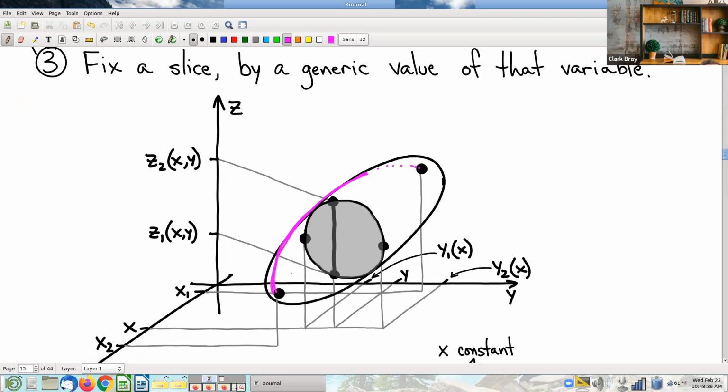Oh, no, not necessarily. If this is a perfect ellipsoid, then maybe. But in general, you can't assume that. Imagine some super lumpy thing. For some slices, the cross section might look like that, in which case the lowest value of y is way up there.